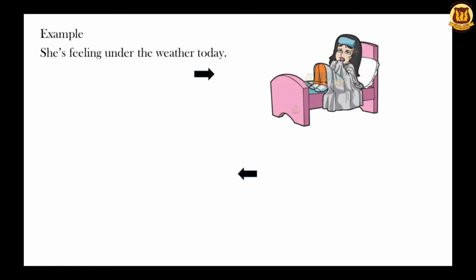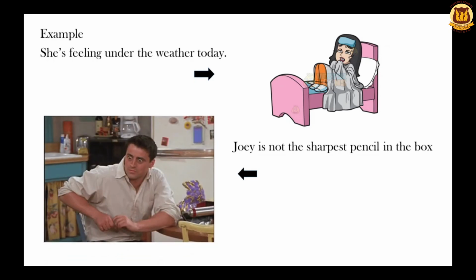"She's feeling under the weather today." This statement is a euphemistic way of saying that someone has fallen ill without directly saying so. "Joey is not the sharpest pencil in the box." Here, the term sharpest pencil is a euphemism for Joey not being smart enough.